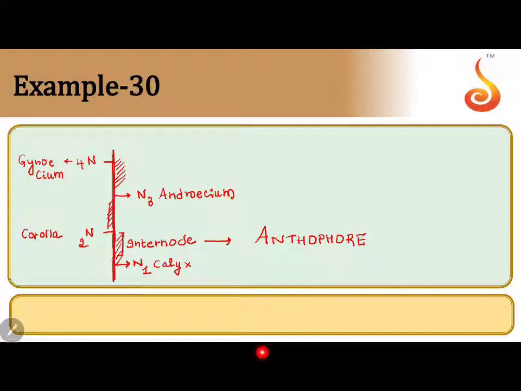The internode between corolla and androecium, I mean this one, is Androphore because that is the one which is bearing androecium. The internode between androecium and gynoecium is gynophore, which holds gynoecium.